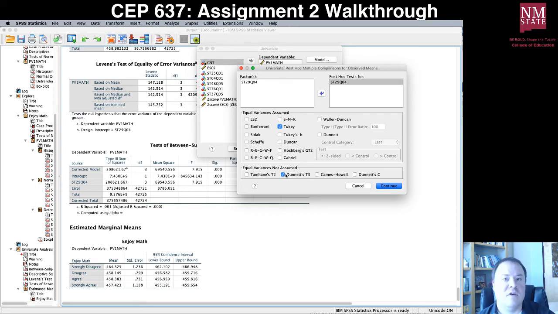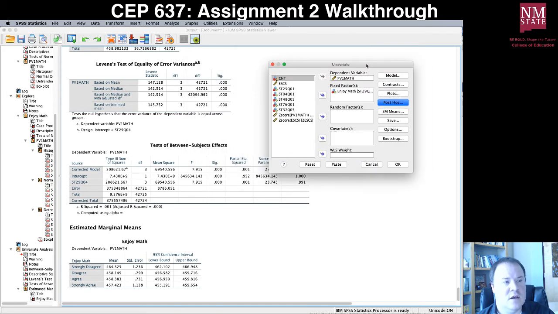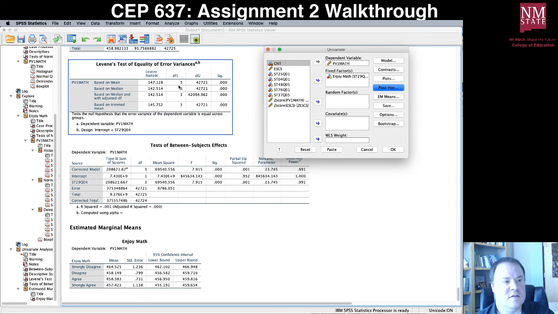So every pair of 2, so remember there's 4 groups, every pair is going to be analyzed, and they ensure that we're not inflating alpha by running multiple tests, so they fix that in the background for us. And I'm going to pick Tukey's just because I want to compare it and see how much of an impact the homogeneity of variances test that says they're not equal is having, because I'm not sure if it's just a result of sample size or not.